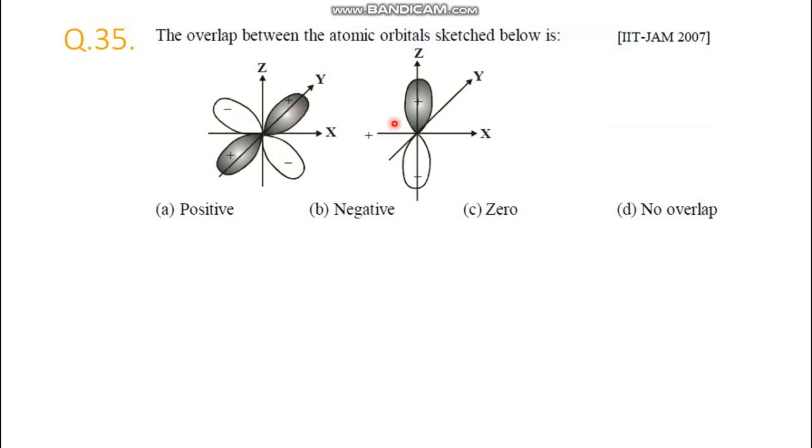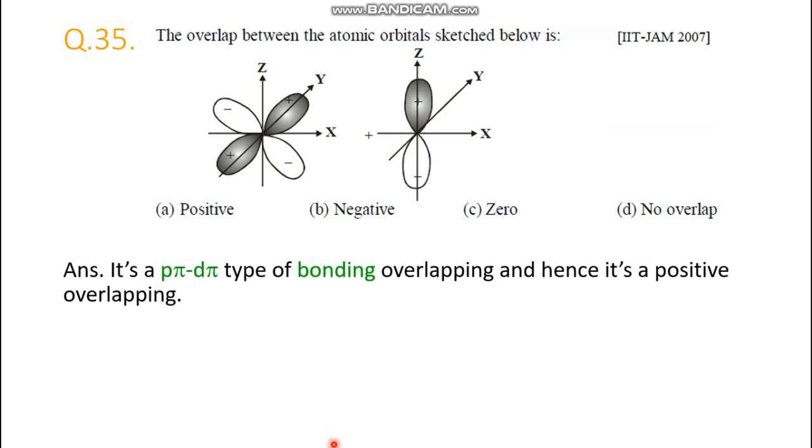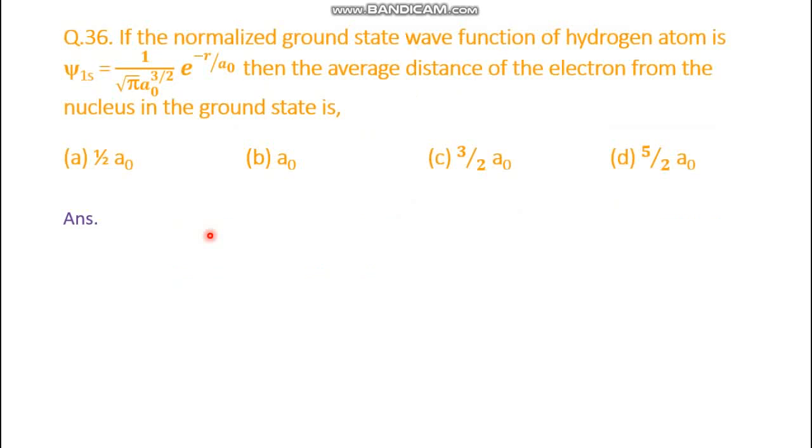So positive will overlap with positive and negative will overlap with negative. That means this wave function is similar to this wave function and this wave function is similar to this wave function. So this is overlapping between two similar wave functions, that is, in total it's a positive overlapping. Therefore it's a p pi d pi type of bonding overlapping, and hence it's a positive overlapping. So Option A is the correct answer.